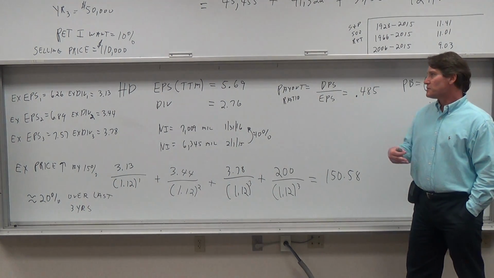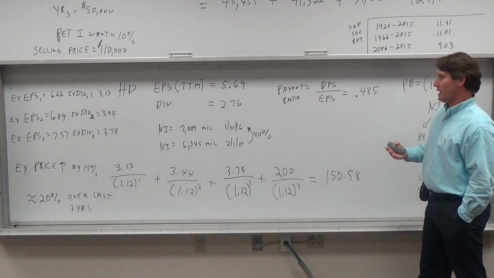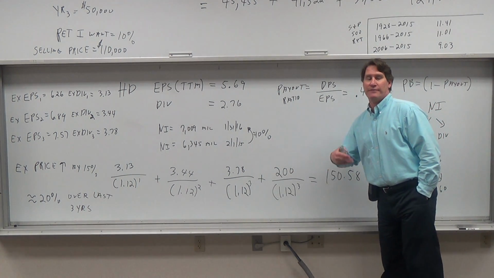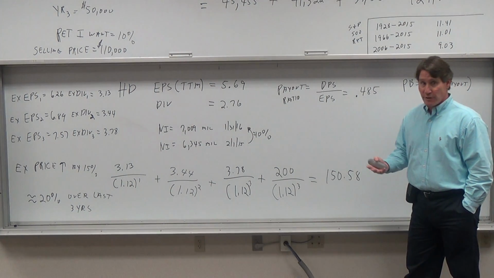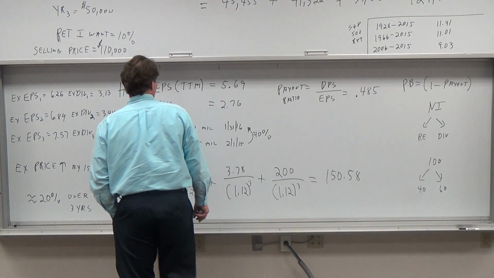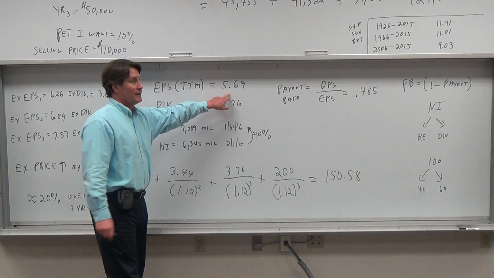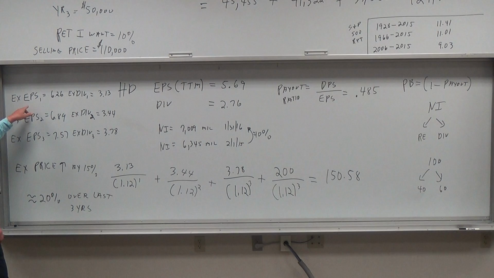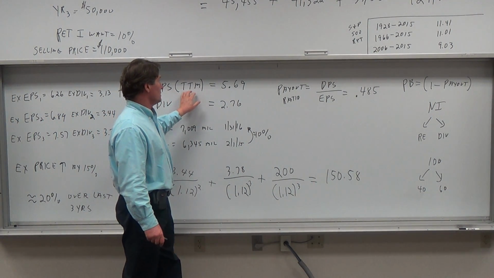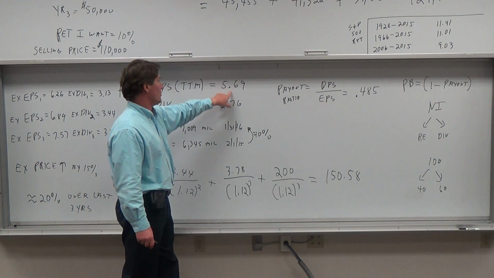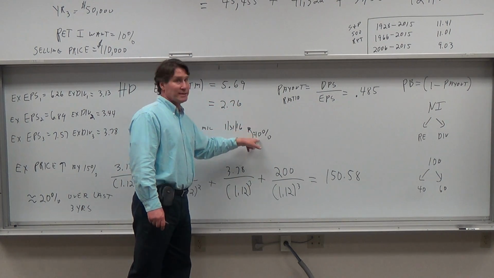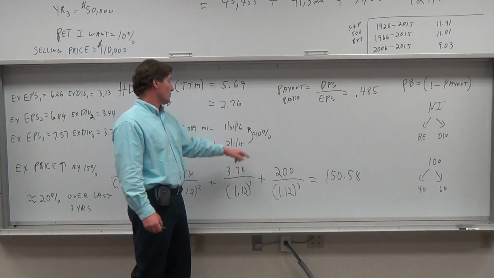So let's assume that's going to happen again. Let's assume that income is going to grow about 10%. If income's growing 10%, earnings per share is going to grow about 10%. So off of this 5.69, the trailing 12 months earnings per share, I assumed it was going to grow at 10%, just like income has grown.